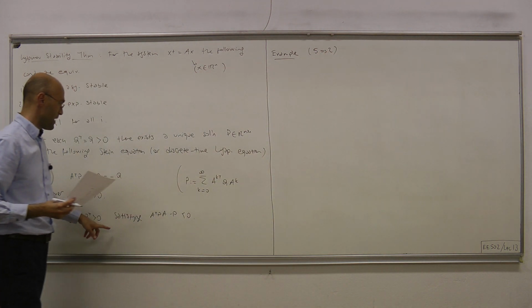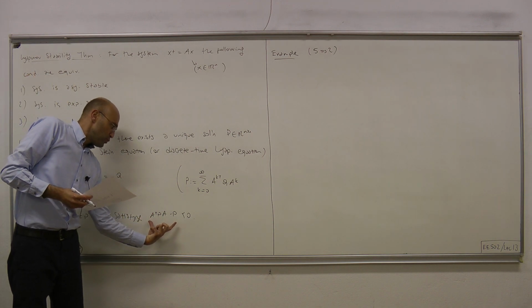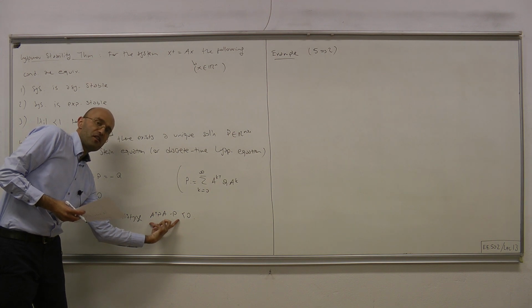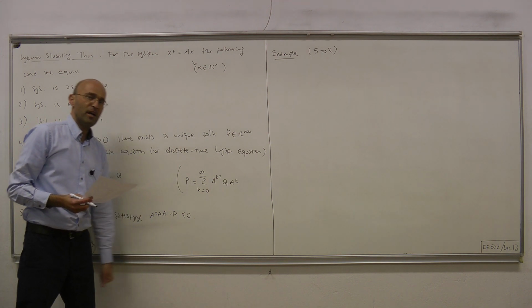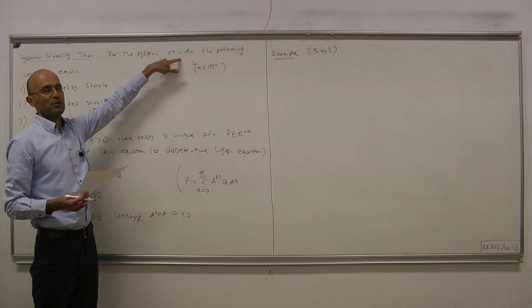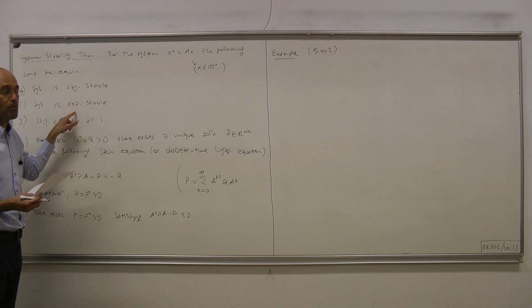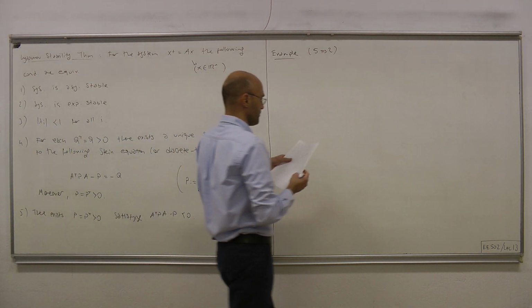Namely, if you can find a symmetric positive definite matrix which produces, when written in this form, a negative definite matrix, then your LTI discrete time system x plus equals A x must be exponentially stable. Okay.